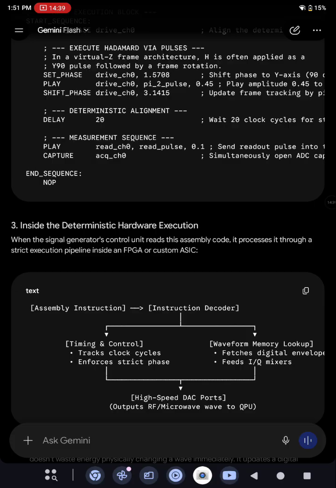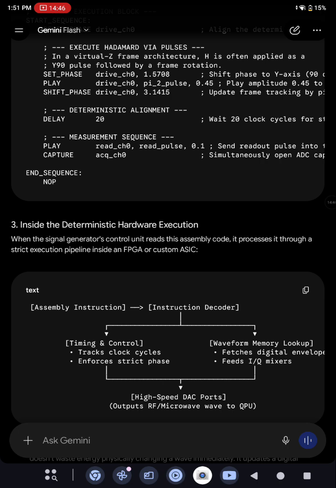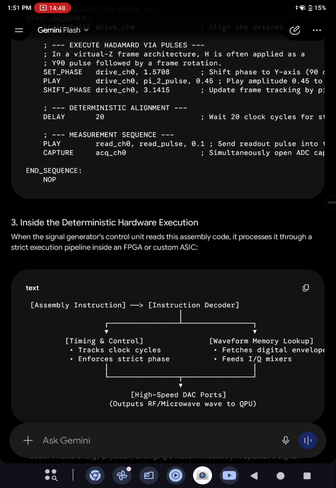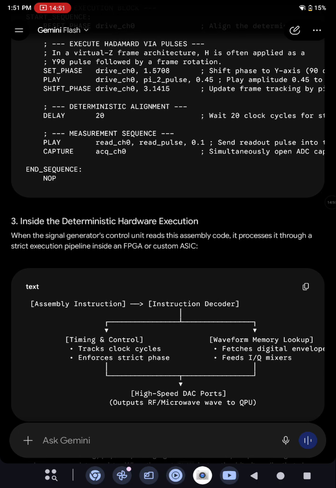You play that drive channel 0 with the pi/2 pulse at 0.45 amplitude. Shift the phase to 3.1415 on drive channel 0.